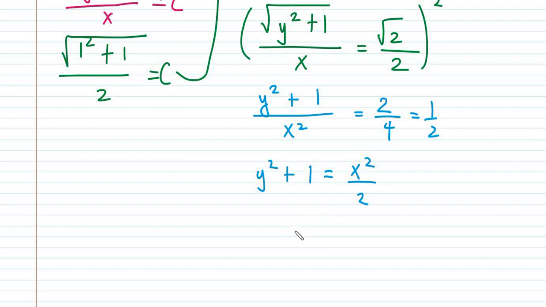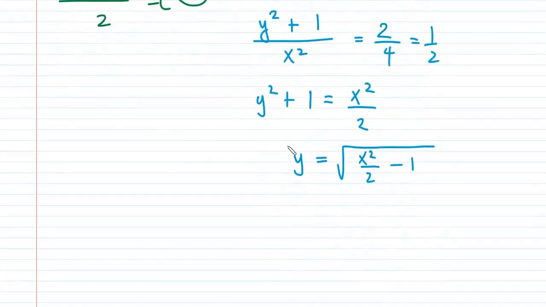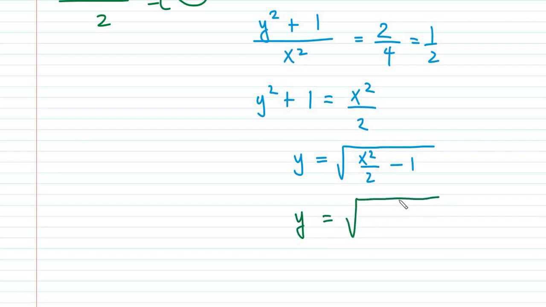And finally, y is equal to the square root of x squared over 2 minus 1. So if you still want to simplify that, we can have the square root of x squared, then 2 will be our LCD, and then minus 2, over 2. So that is our particular solution.